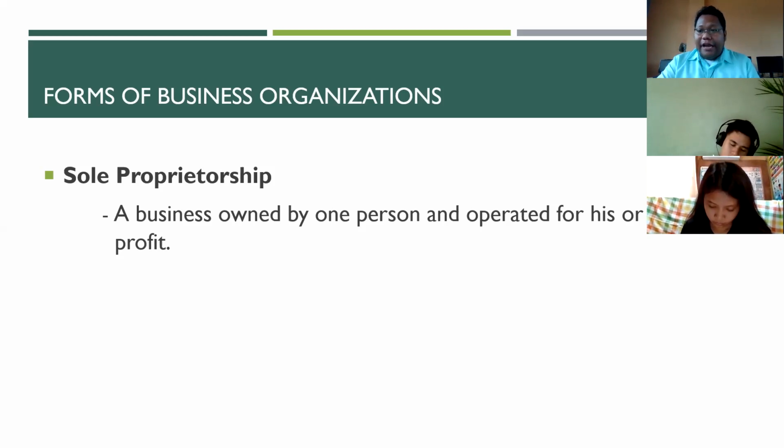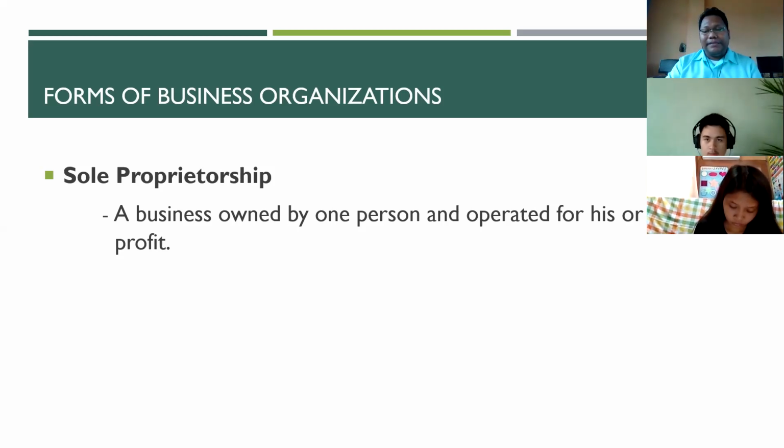Sole proprietorship does not mean that the owner is also the worker of the business. Take note, we're talking about ownership here. If there's just one person who owns the business, it's possible that that owner has hired a lot of employees.